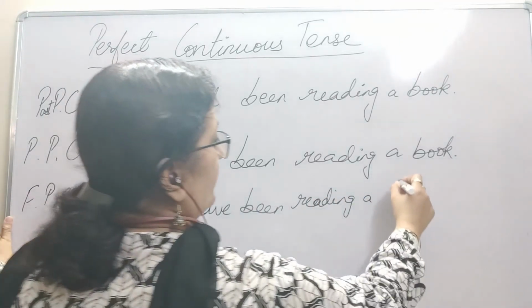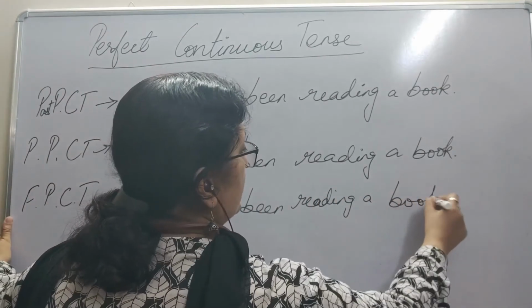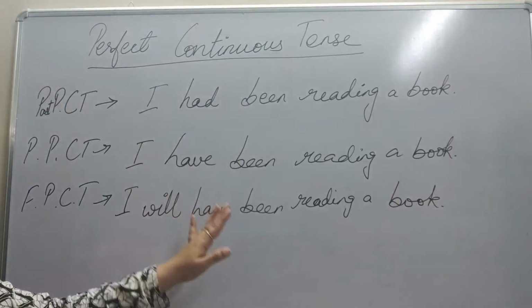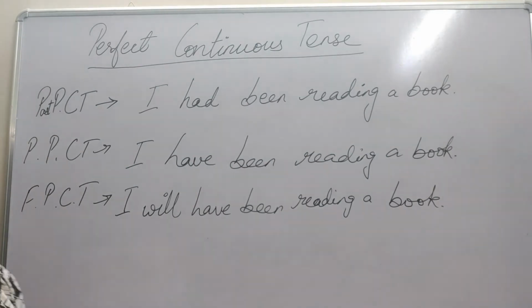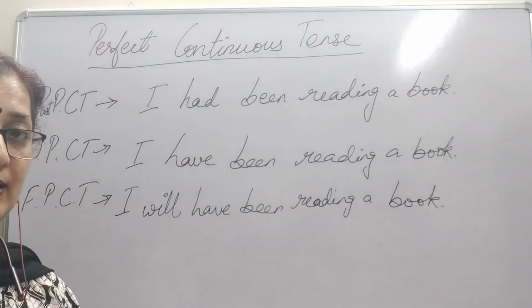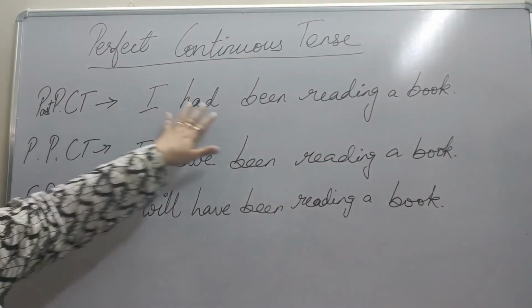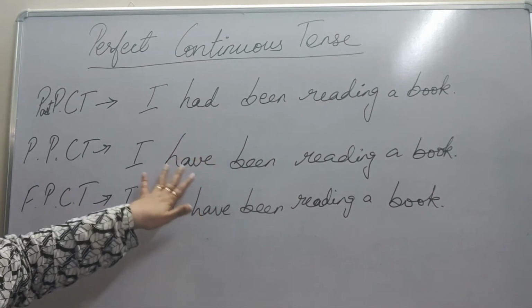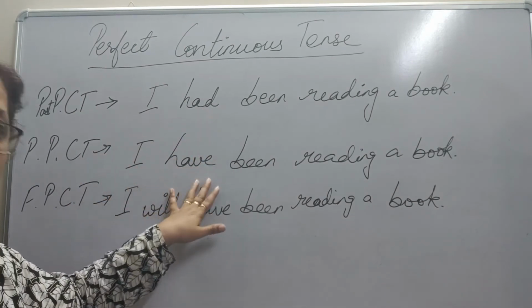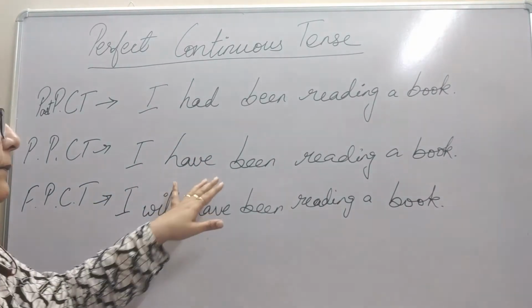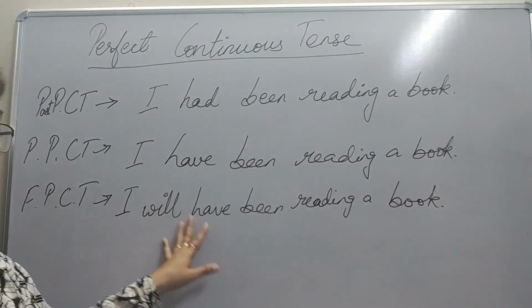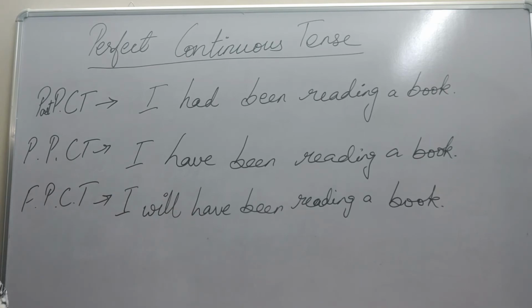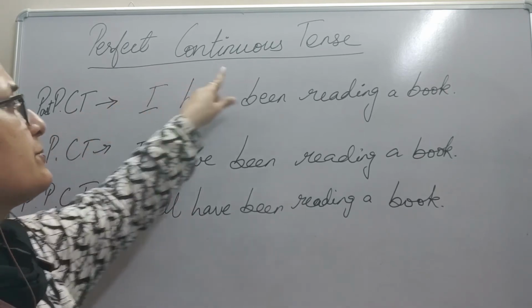Now see, children, you have three different tenses right here in front of you on the board. So the concept is going to be very clear to you. In the past one, we have the past helping verb. Second is the present form, have, which is the present helping verb, and will have is the future perfect one. Now we want the continuous part.